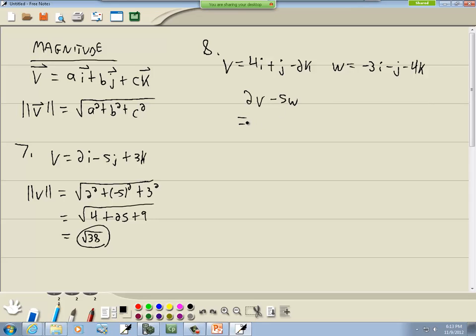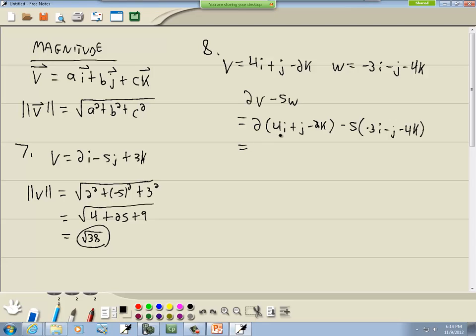Well, again, the nice part about having these in terms of our unit vectors, the i, j, and k, is you can just treat them just like variables. It works really nice. So here we'll take 2 times v, which is 4i plus j minus 2k, minus 5 times w, which is negative 3i minus j minus 4k.